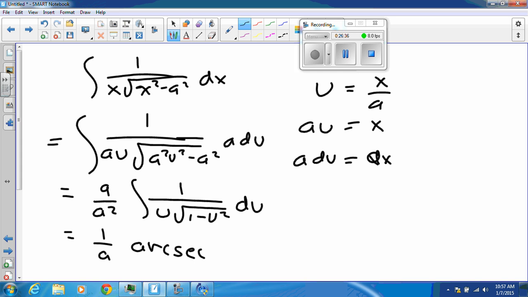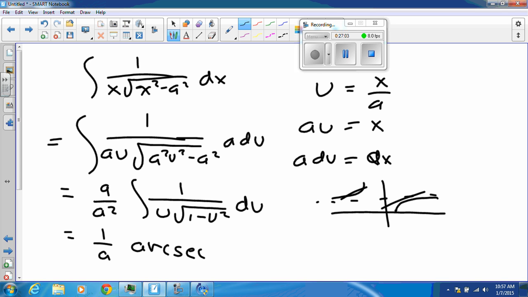Now, a slightly strange thing appears, and that is that our du's could either be positive or negative, right? However, the derivative of arcsecant is 1 over absolute value of x, root x squared minus 1. And we remember that that was so that the sign of our derivative was always positive. Arcsecant looks like so. Its derivative is always positive.